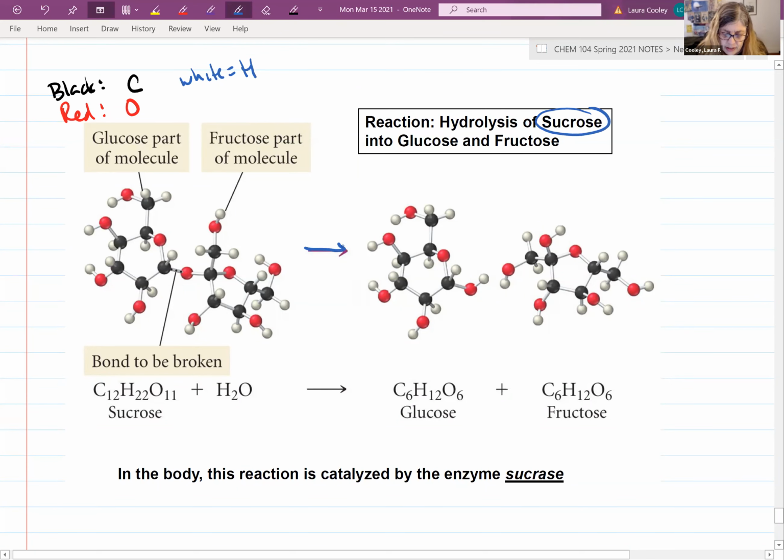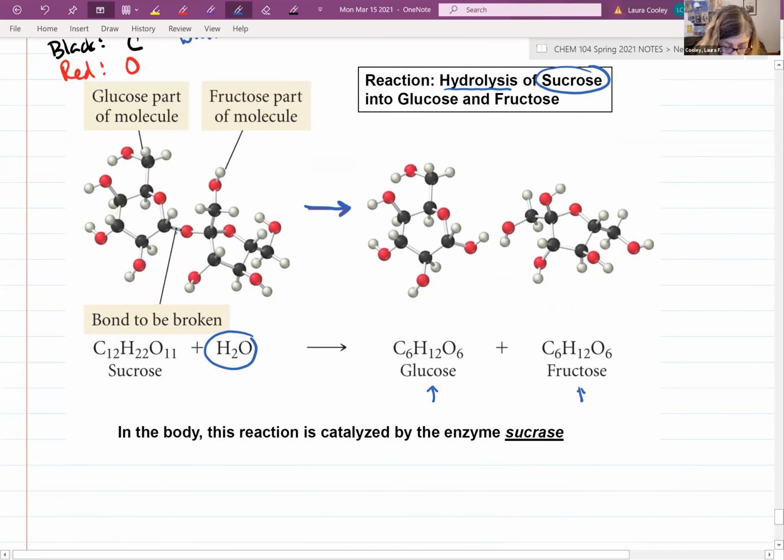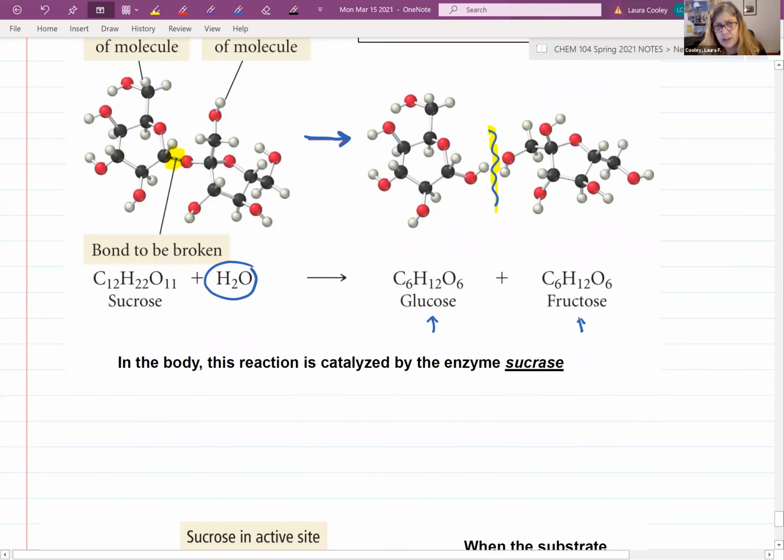And this reaction is what we call the hydrolysis reaction of sucrose, a reaction with water, to produce the two simple sugars, glucose and fructose. So basically, this is the important bond. That's the bond that connects the glucose and the fructose. And you can see over here that that bond is broken. Okay. So this reaction is really the breaking of this bond. And the question is, if it's catalyzed by an enzyme, which we call sucrase, then how does this work?